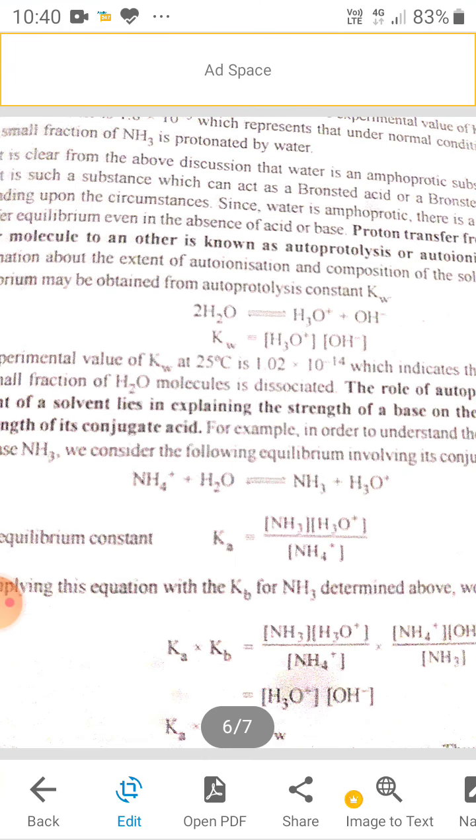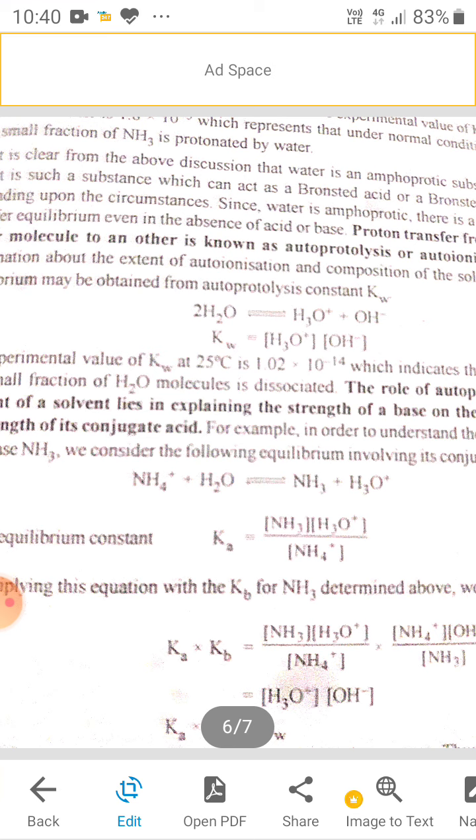This basicity and acidity bring in the concept of autoprotolysis, which lies in accepting the strength of a base on the basis of the strength of its conjugate acid. This type of reaction is taken with ammonium and water molecule, which produces ammonia plus hydronium ion.